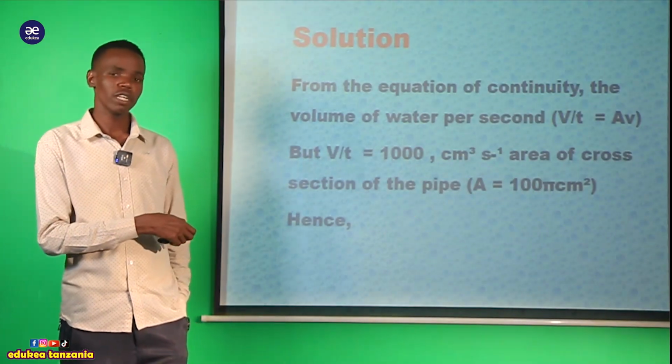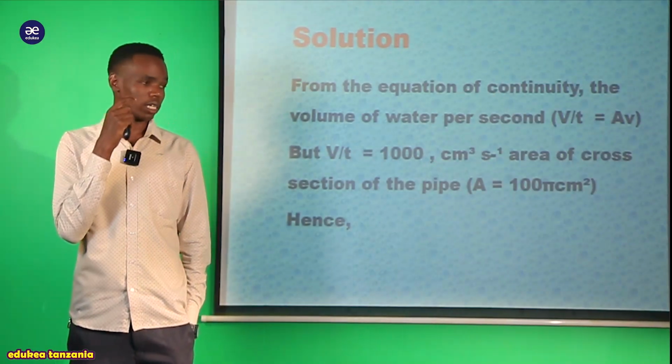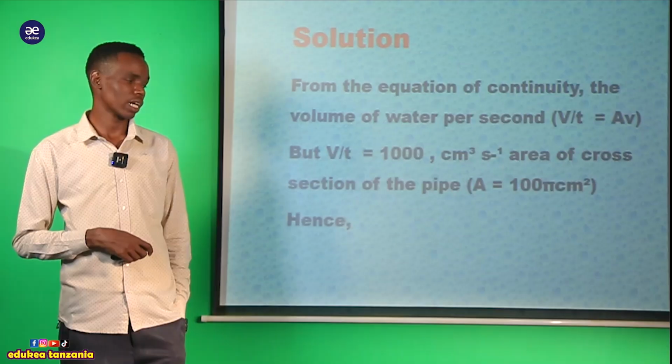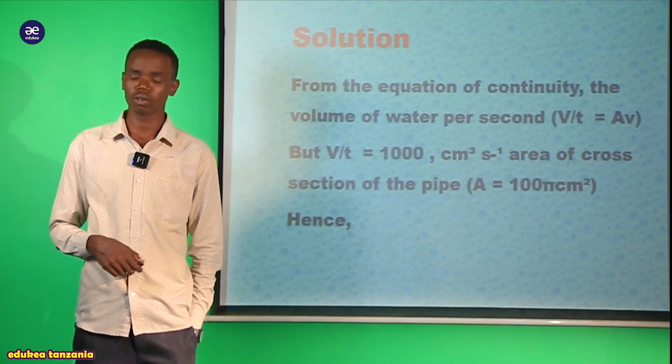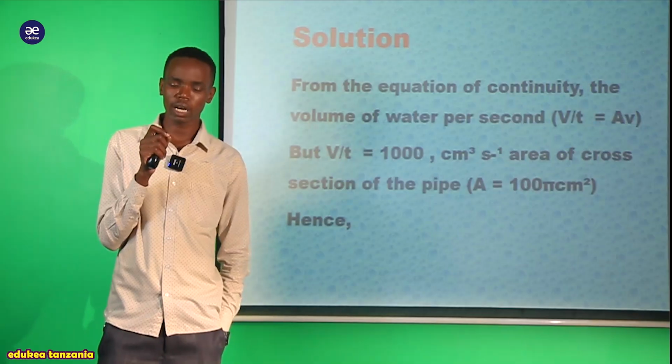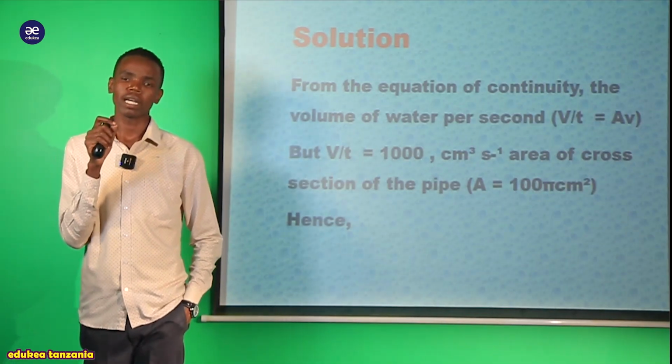Now we have been given the rate of flow of volume, which is equal to 1000 centimeter cube per second, and also the cross-section area of the pipe. We know that we get the cross-section area of the pipe by taking pi r square.